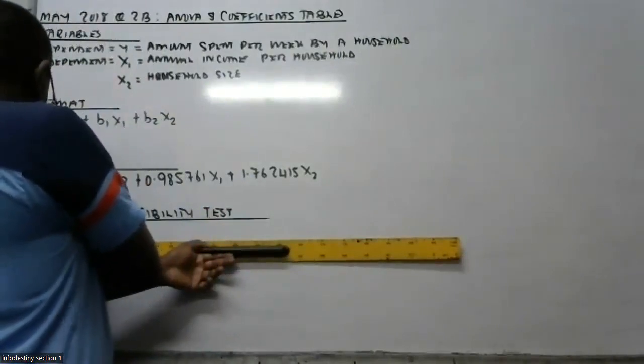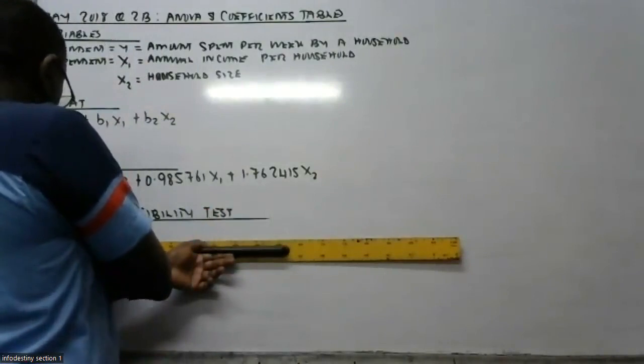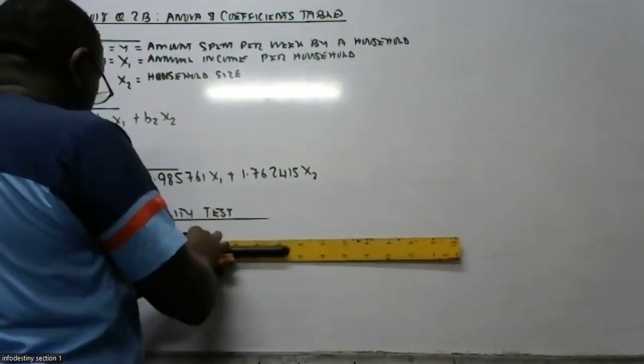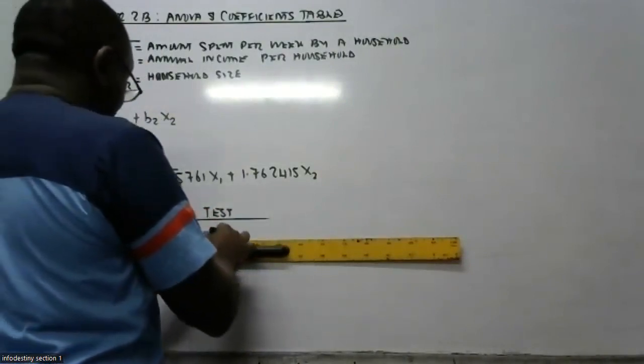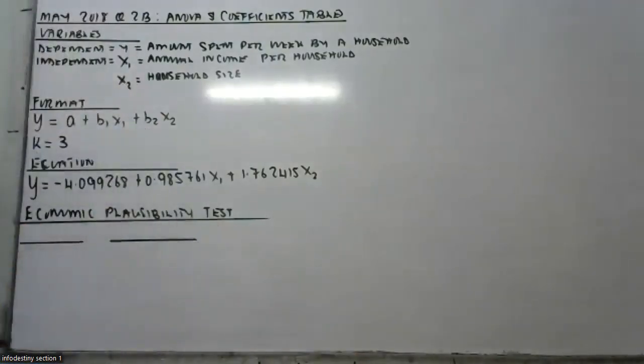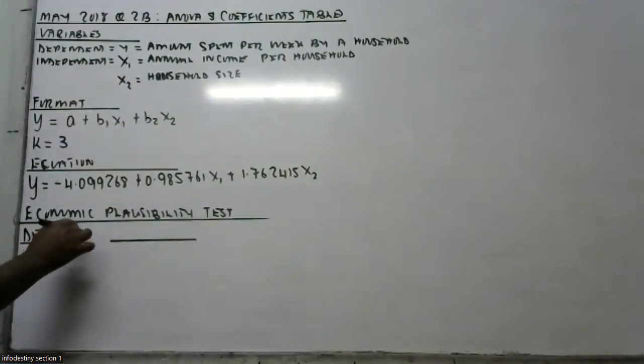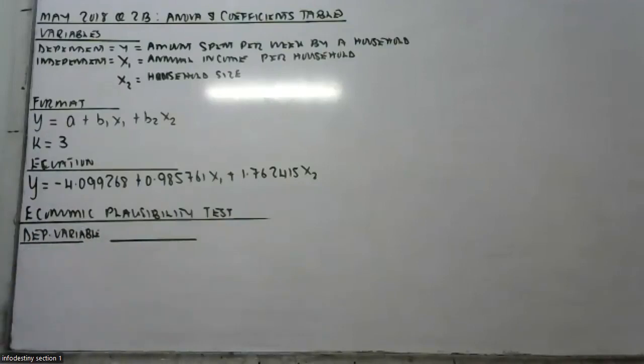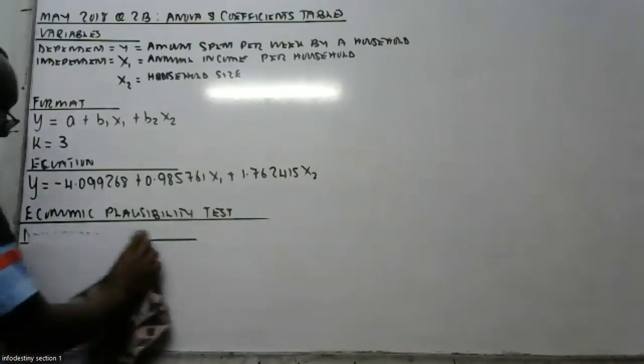We have the dependent variable. Let me design the table so that we don't repeat so much.